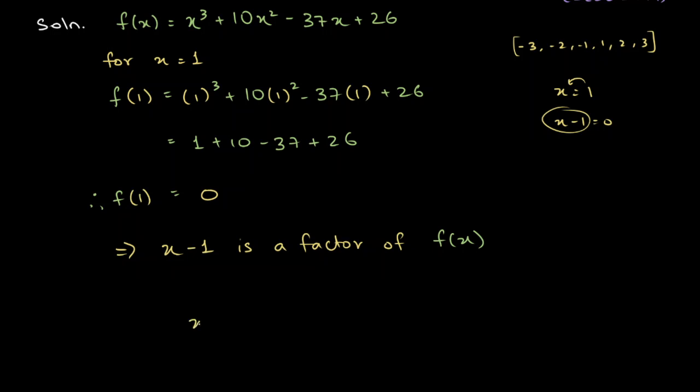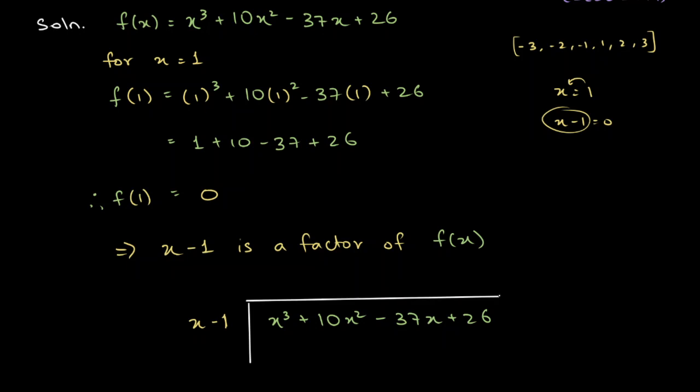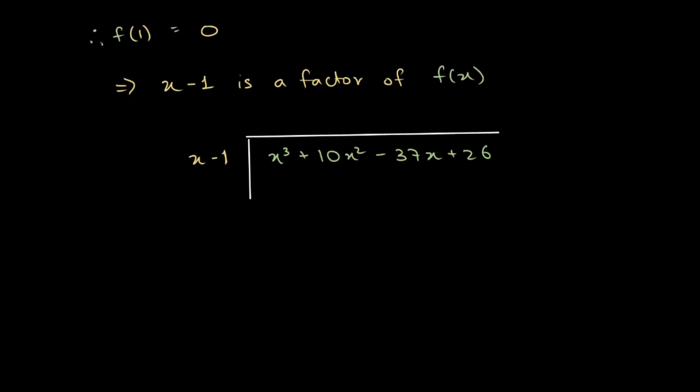Our divisor, as we found, our factor is x minus 1. Our dividend is x cubed plus 10x squared minus 37x plus 26, right? So we have to divide these two terms and find our other factors.